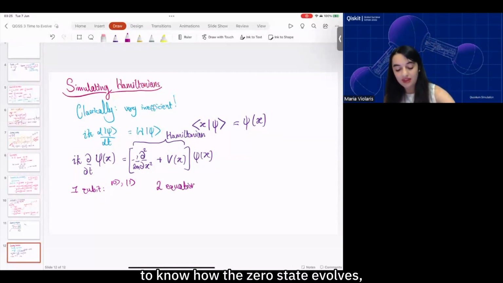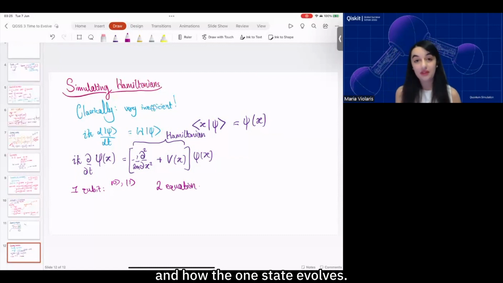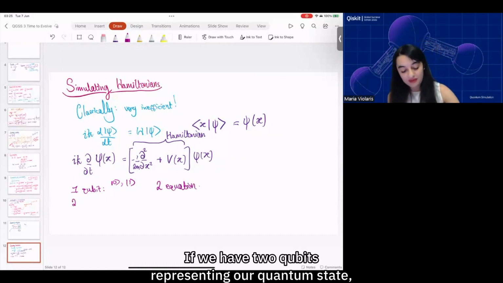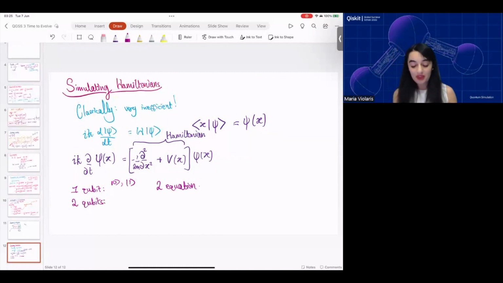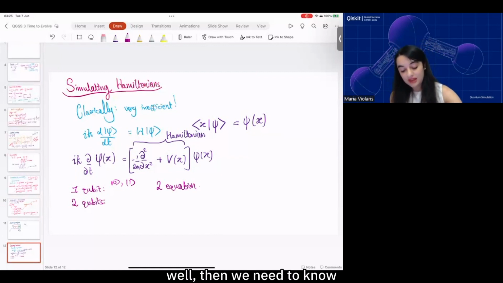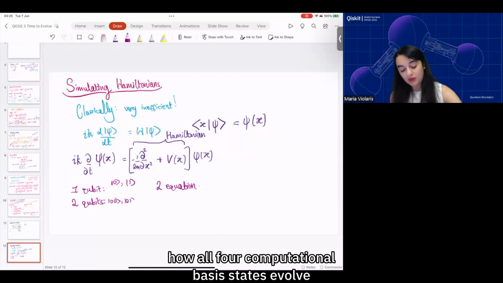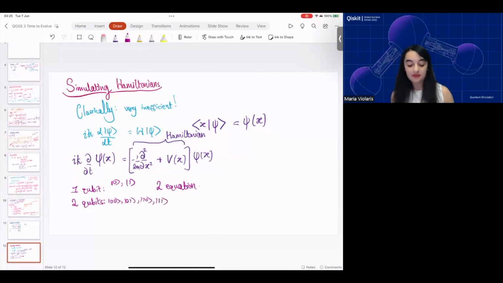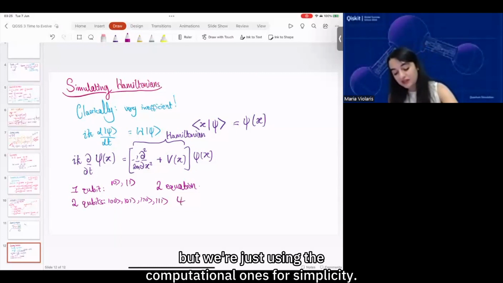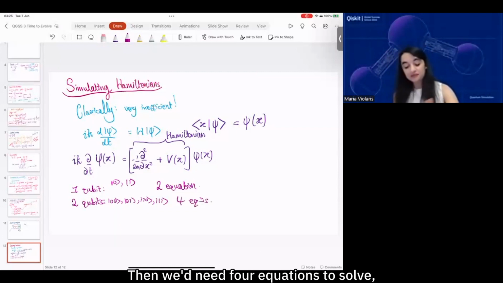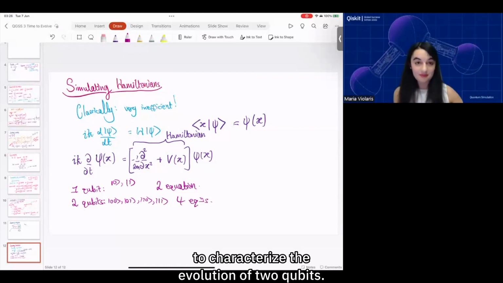If we have 2 qubits representing our quantum state, then we need to know how all 4 computational basis states evolve, or any 4 basis states, but we're just using the computational ones for simplicity. Then we'd need 4 equations to solve, to characterize the evolution of 2 qubits.